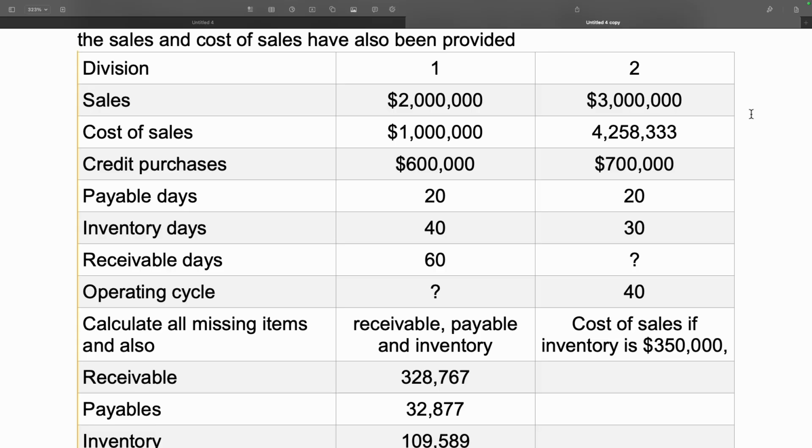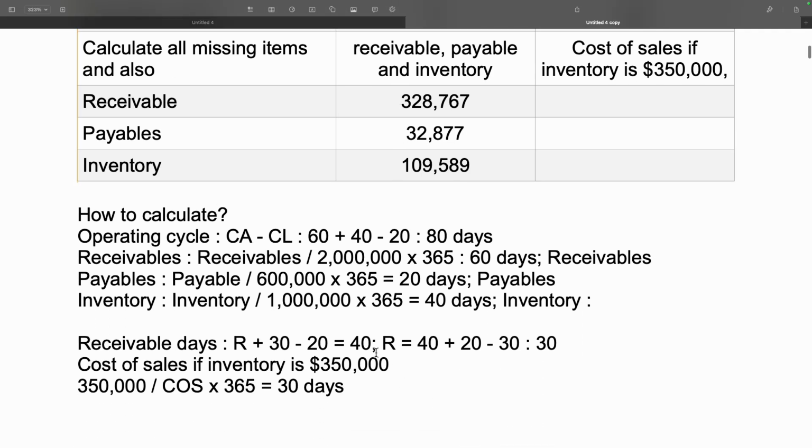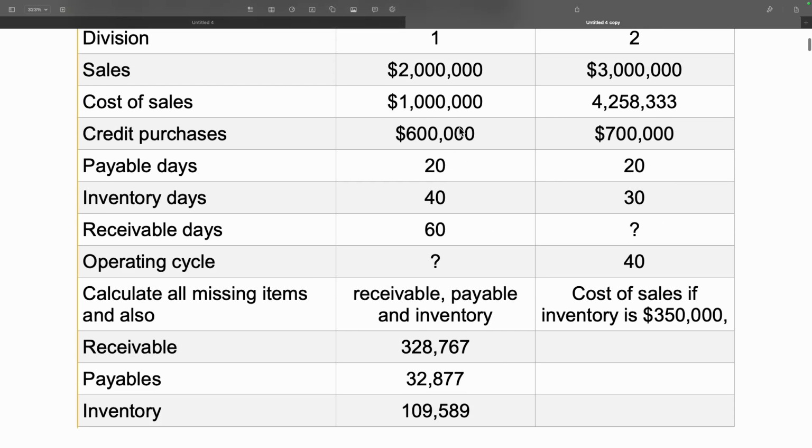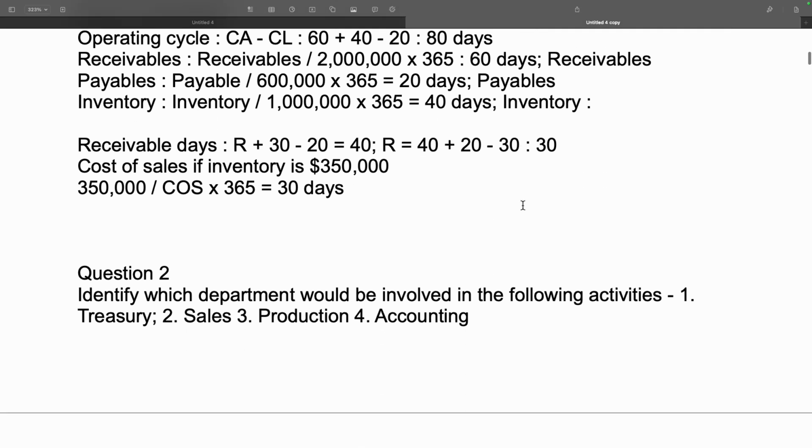All okay, guys? So that covers question number 1, which is about working capital.